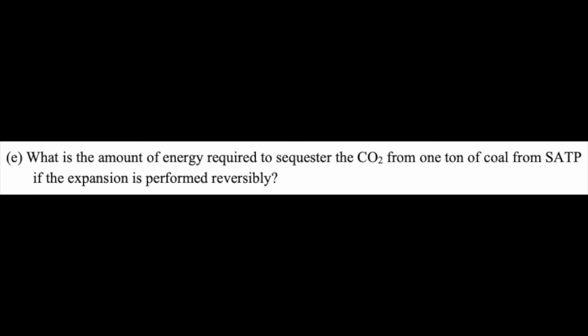Now let's look at that sequestration process and ask, what is the amount of energy required to sequester CO2 per ton of coal burned? Well, to sequester CO2, you have to inject it into the ground. You have to compress it and heat it to form supercritical CO2. Then you inject it underground.